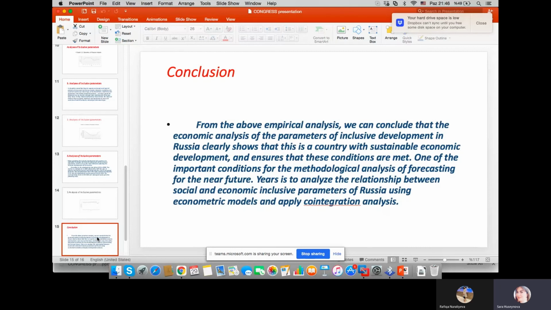Here we analyze the relationship between the social and economic inclusive parameters of Russia using econometric models and apply integration analysis.